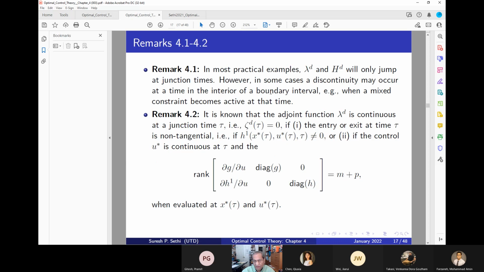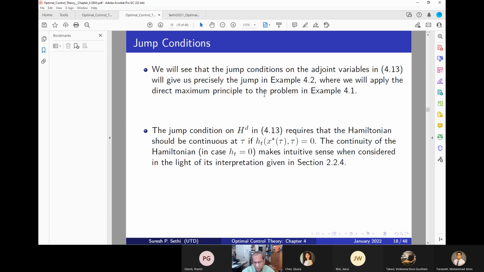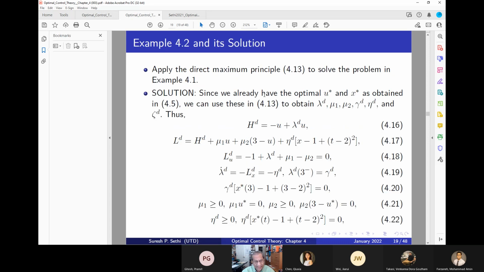And again, the conditions for that, I would probably ignore for the time being. They are there to cover the literature in some sense because you might find them, but we don't really get some of that in the book right now. So let me get to the example now.